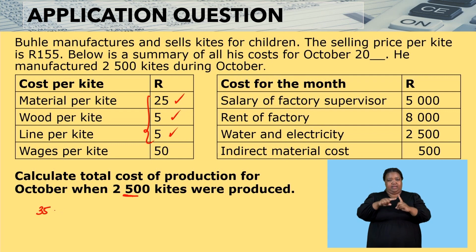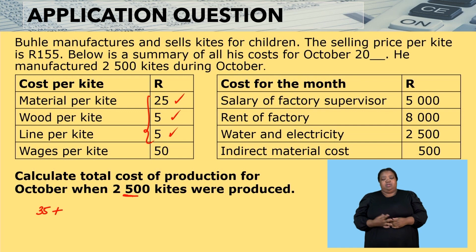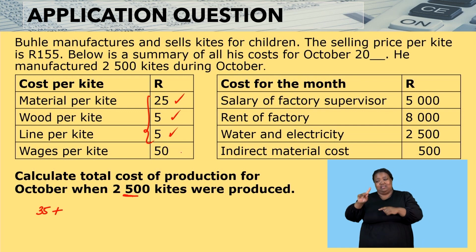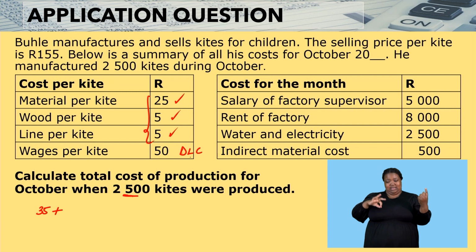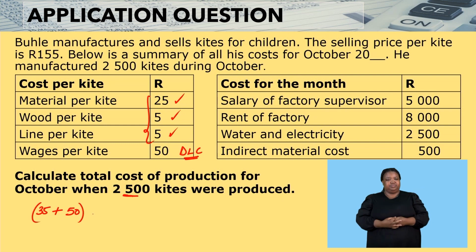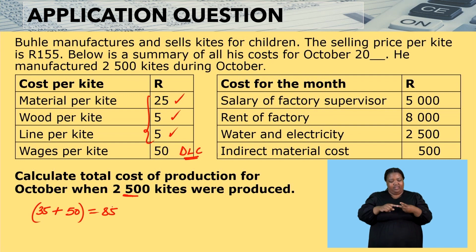Then we say plus the wages per kite, that is the direct labor cost. The direct labor cost is 50. So it's 35 plus 50. That is going to give us 85 rands. 85 rands is the direct cost. The direct cost includes direct material and direct labor.